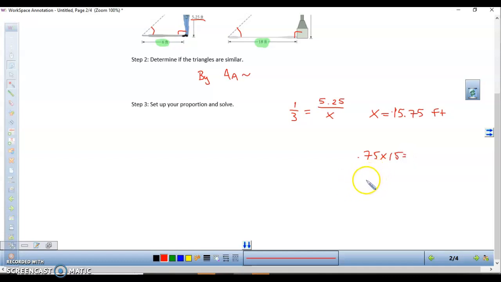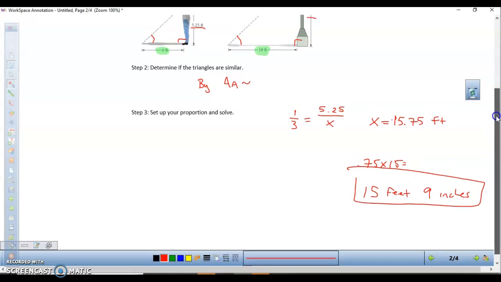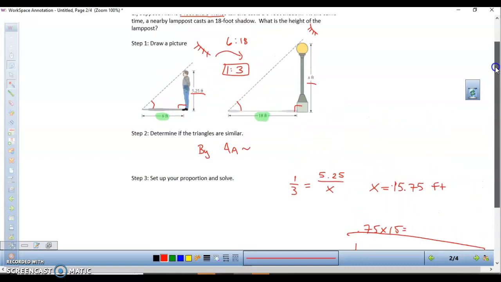So that flagpole is 15 feet and 9 inches tall. Boom. Again, pretty easy and straightforward if you understand the concept of similarity. Now it's just drawing a picture and setting up similar triangles.